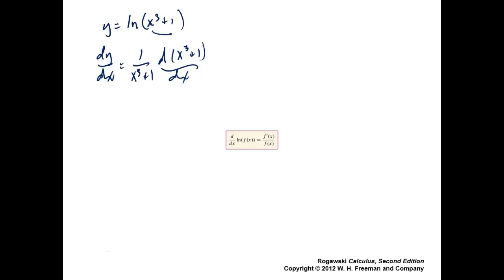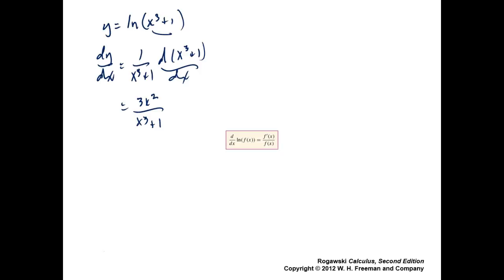That's chain rule. The derivative of the outside, then times the derivative of the inside. Okay? And what's the derivative of x cubed plus 1? Polynomial function. Derivative of that? 3x squared plus 0, right? Okay? So that would be 3x squared over x cubed plus 1.